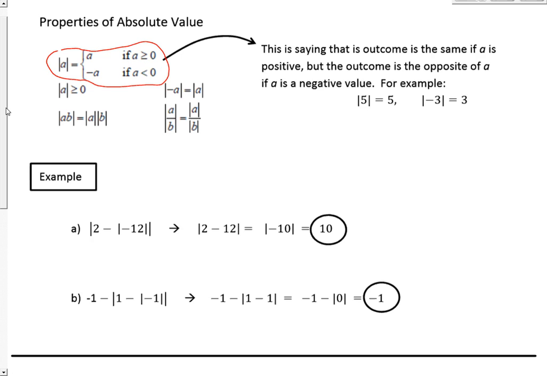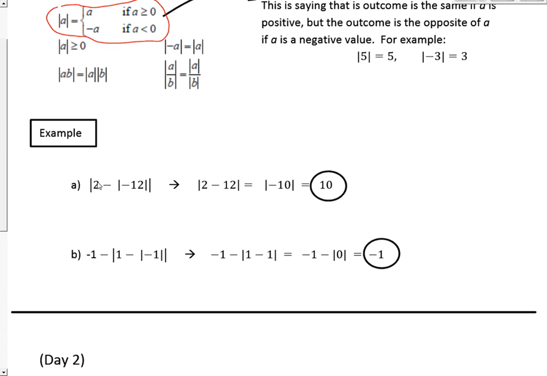All right, let's look at this example. 2 minus the absolute value of negative 12. So I always want to work from the inside out. And the absolute value of negative 12 is positive 12, but I'm still subtracting. So 2 minus positive 12 is negative 10, but absolute value of negative 10 is positive 10.